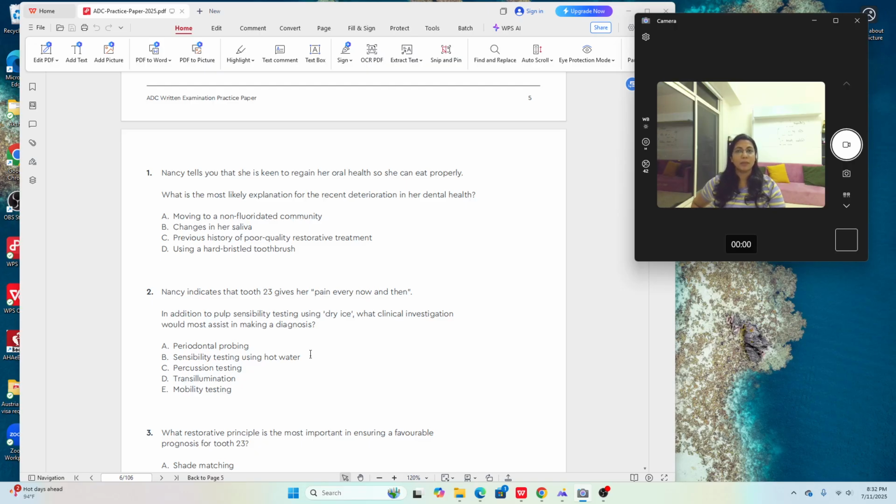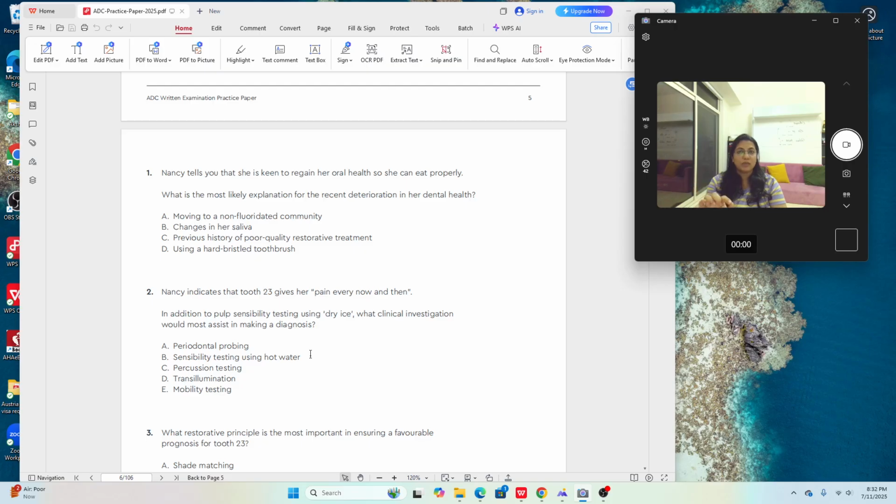Apart from a pulpal problem, another problem can be a periapical one, if a periapical lesion has started or not. Pulpal problems you can know by doing pulp sensibility testing with dry ice. That's your carbon dioxide at a very low temperature, and you apply that endo ice. Now the tooth may respond, the tooth may not respond.